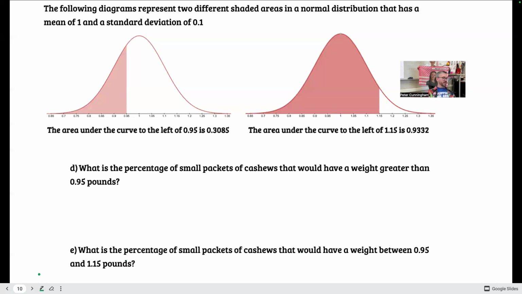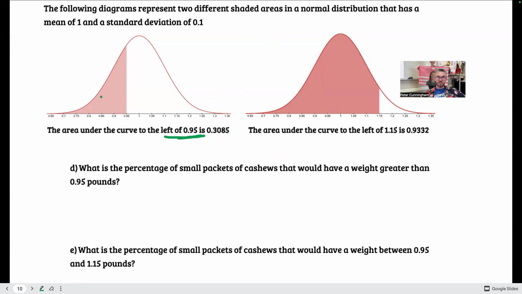All right, looking at this next one. So basically the percentage of small packages of cashews that have a weight greater than 0.95 pounds. Well, we are already given the information up here that less than 0.95 is 0.3085, right? So this is a subtraction problem.